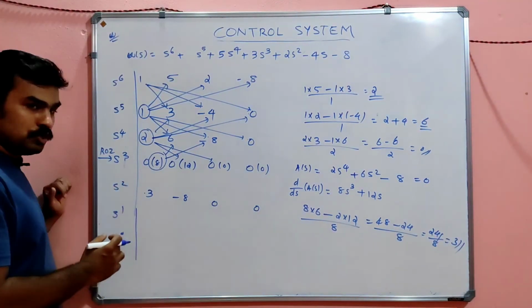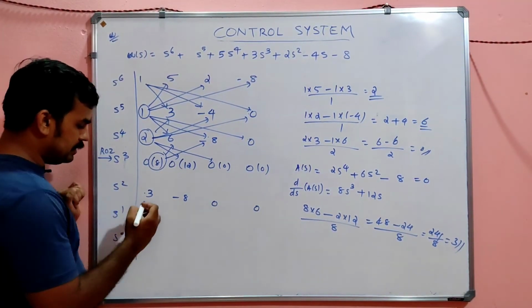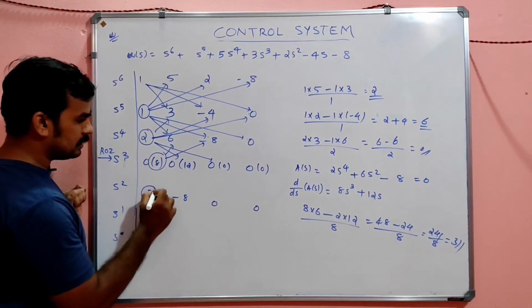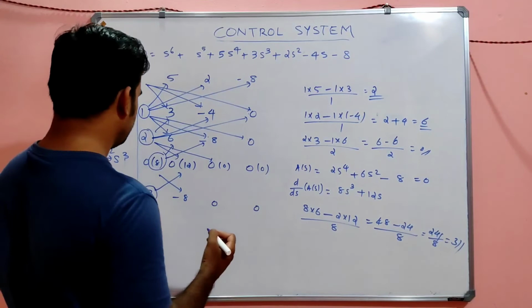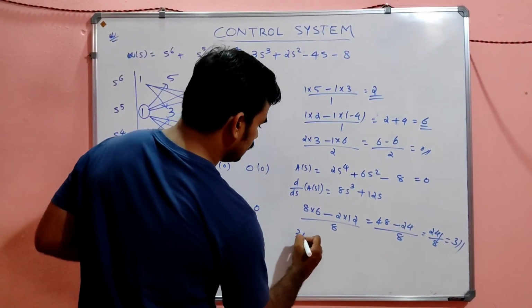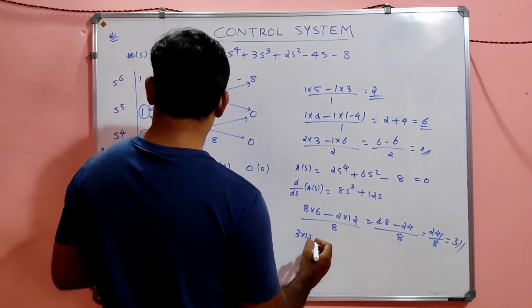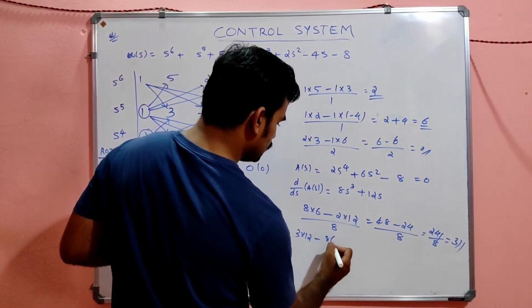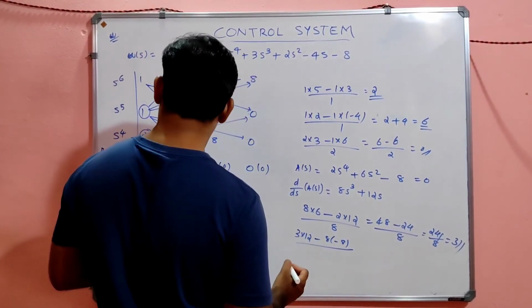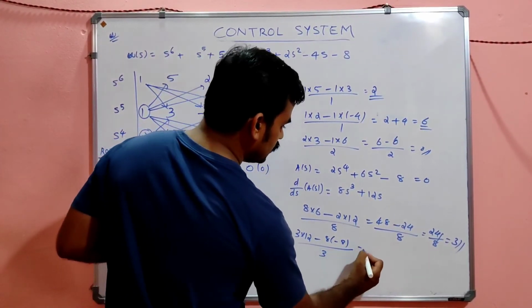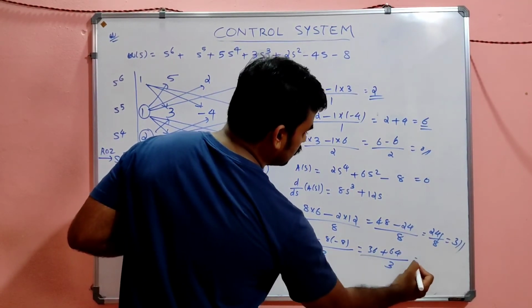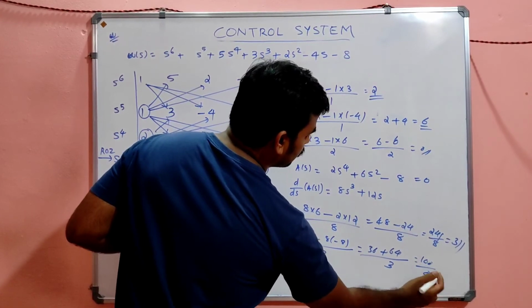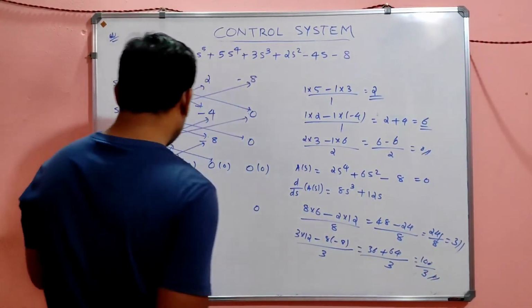And the next row, my dears, what is that? For this element, focus on this into this minus this into this by this. So it will become 3 into 12, correct? 3 into 12 minus 8 into minus 8, divided by 3. So 36 plus 64 divided by 3, 100 by 3. Correct, my dears?